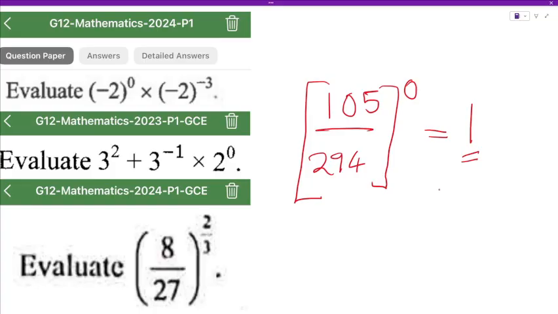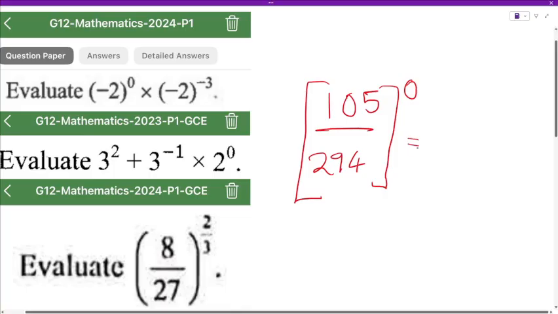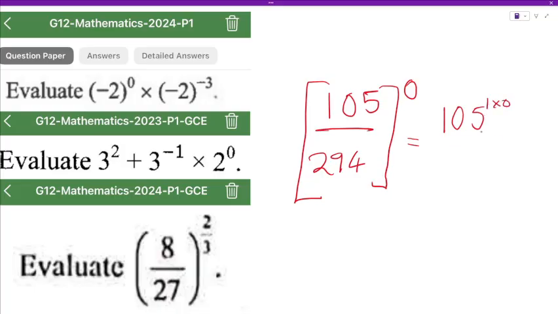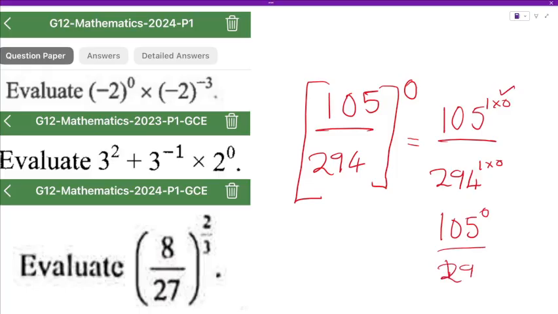That's a shortcut. If you follow the longer route, it's going to be double indices there, right? 105 to the power 1 times the 0 outside, over 294 to the power 1 times the 0 there. That will give you 105 to the power 0, because 1 times 0 there is 0, over 294 to the power 0, because 1 times 0 there is 0.